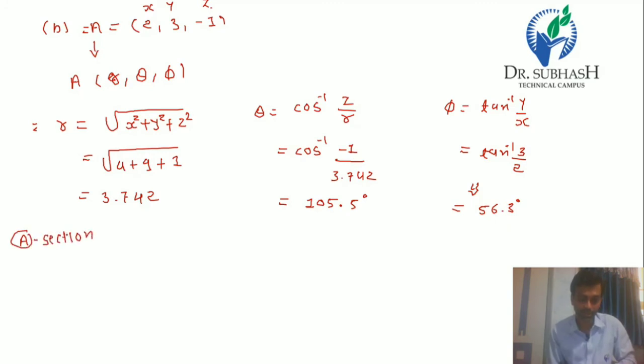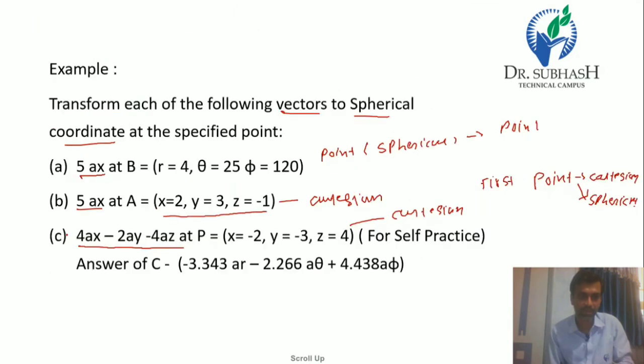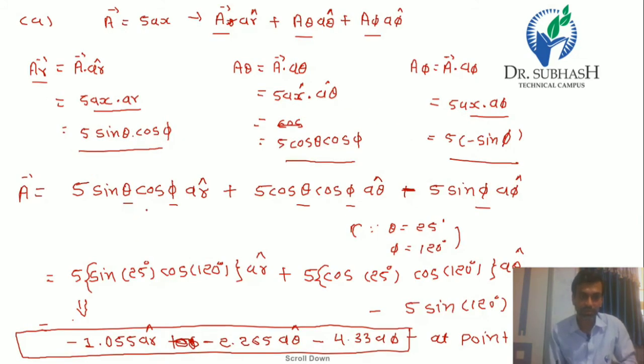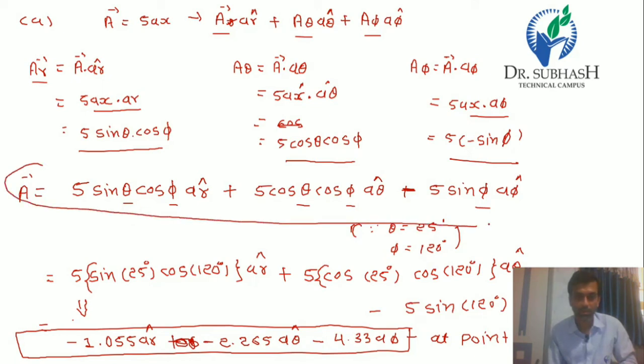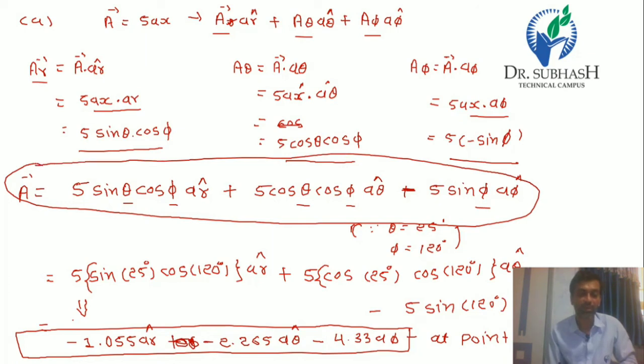Now in the A section, we already transformed the vector phi ax in the Cartesian coordinate system. Means here we already transformed this vector into the spherical coordinate system, and this vector is here. So we directly put our transformed point into this equation.